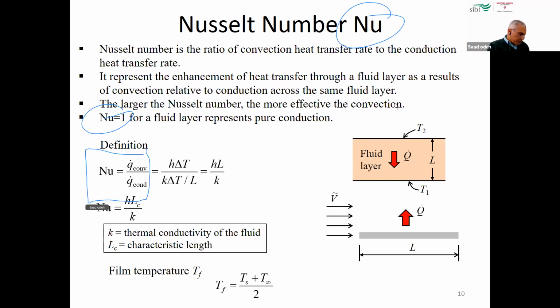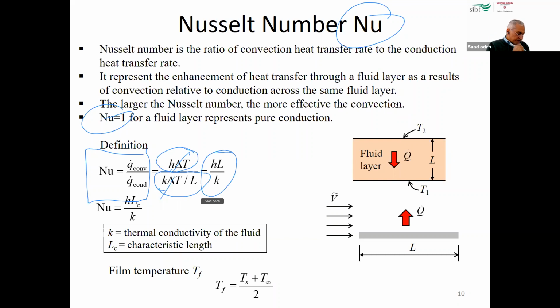Following this definition, I go again from the beginning. The Nusselt number is Q dot by convection divided by Q dot by conduction. If I substitute the equation of convection following Newton's law, which is h delta T, and the equation of conduction following Fourier's law, k delta T by L, and delete delta T from both sides, I end up with hL divided by k.